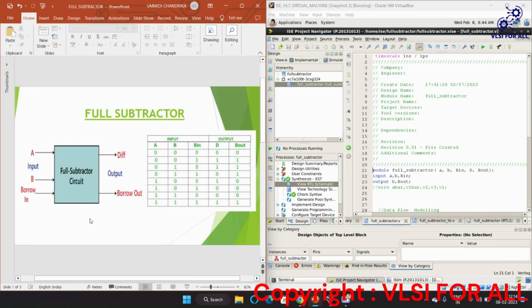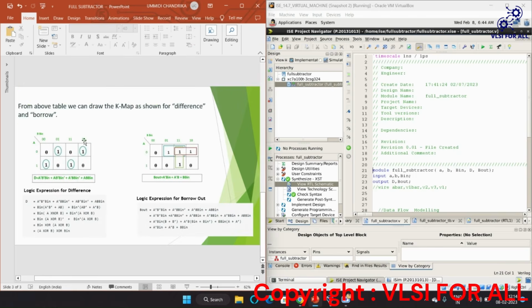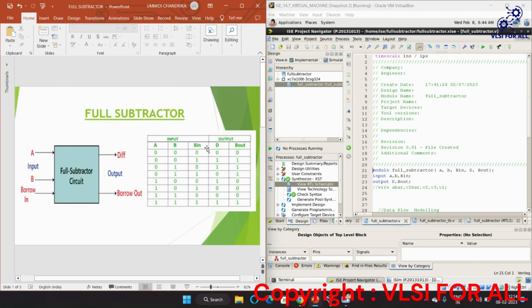Now let us see the truth table of the full subtractor, and we will derive the logical expressions for the difference and borrow outputs. We are mapping the difference and borrow. Using a K-map we have to minimize the expression for difference and borrow. When the outputs are ones, those values are to be noted and minimized using a K-map.